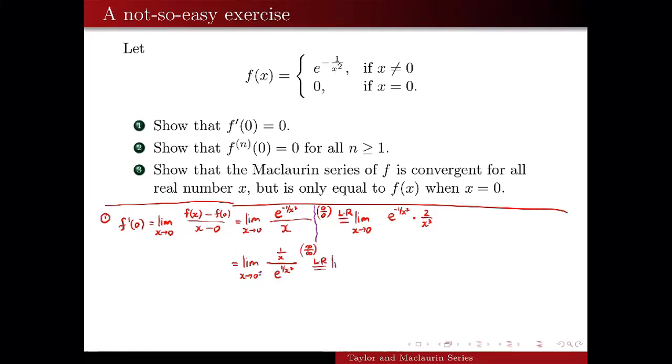If we do that, this is what will happen. Limit as x approaches 0, either from the left or from the right. In the numerator, we will have the derivative of 1 over x, that's negative 1 over x squared, divided by e raised to 1 over x squared times the derivative of 1 over x squared, that's negative 2 over x cubed.